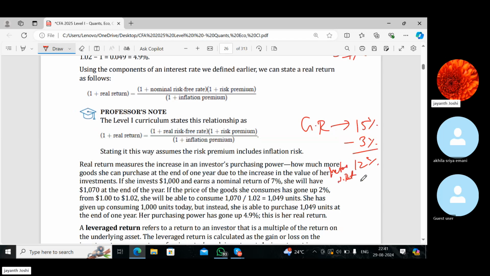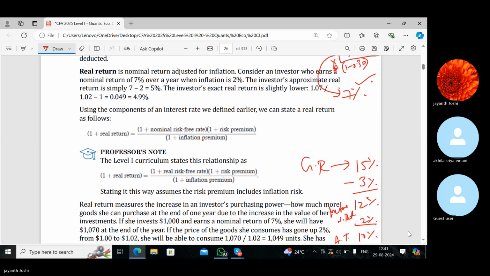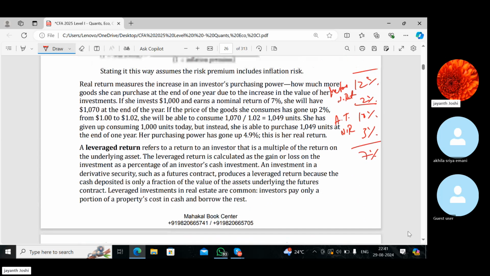My tax is, let's say, 2%. So 10% is my after tax nominal return. Now I remove the inflation of 3% from this. So I get 7% as my real return. That's it. So this is the end of the concept today.